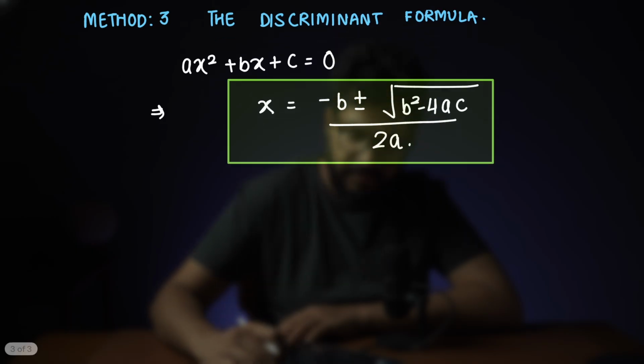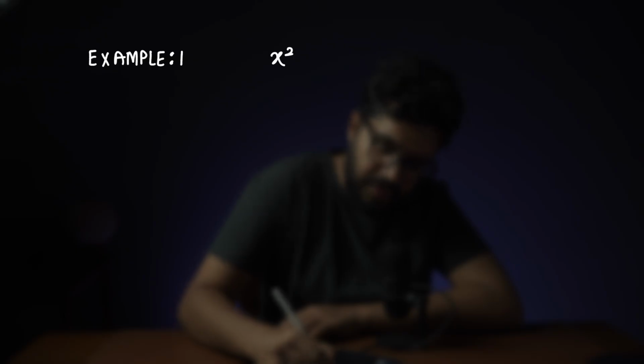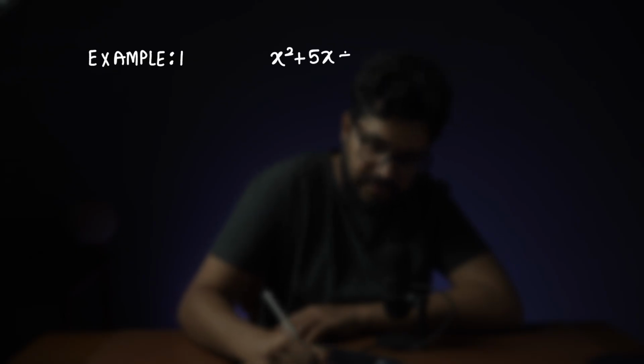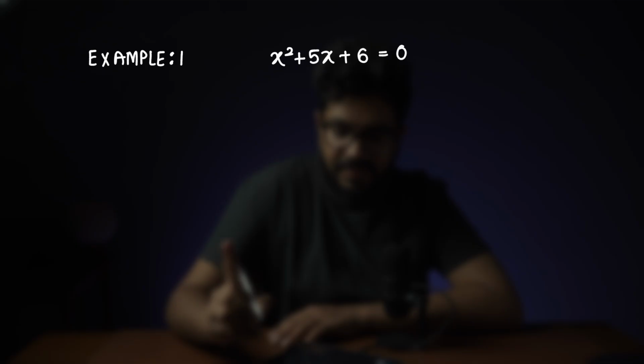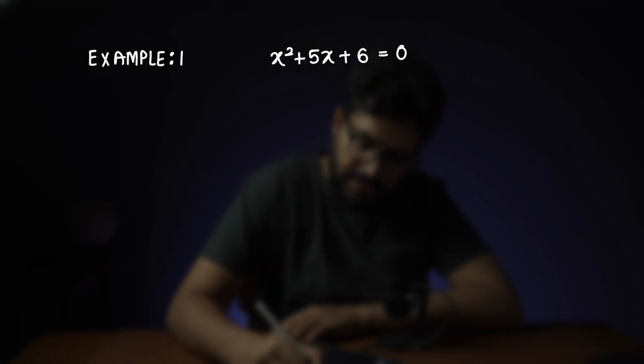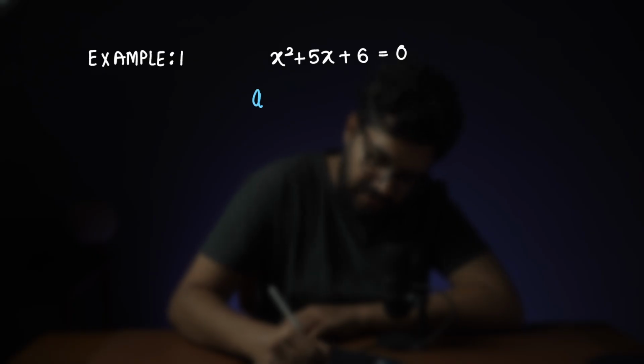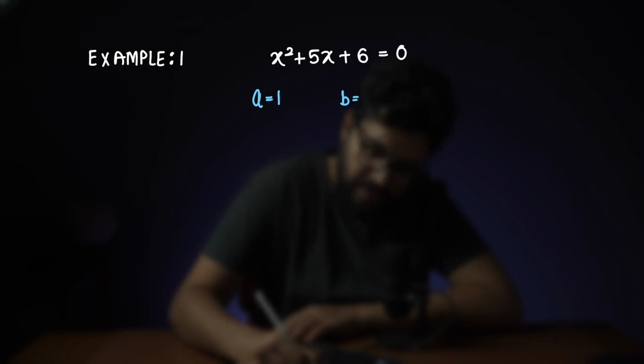Let's understand it using one example. For example, we have this quadratic equation x squared plus 5x plus 6 is equal to 0, as discussed in our very first example in the beginning of this lesson. So if I compare, my values of a, b and c are as follows.